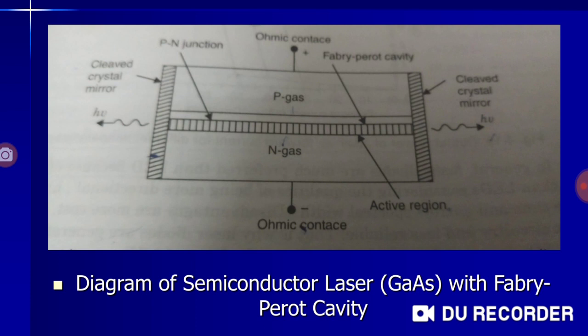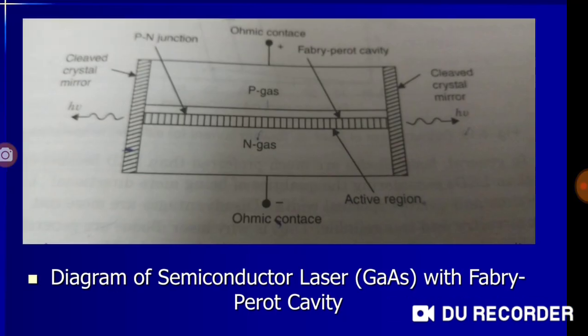And there is a little bit of a misprint here. It is P gallium arsenide and N gallium arsenide. So this is the P-N junction, and the junction is the actual active layer, and on the N side and P side we have ohmic contacts. On the P side we have the anode, while on the N side we have the cathode. So this is the structure of an LED, a schematic representation rather.